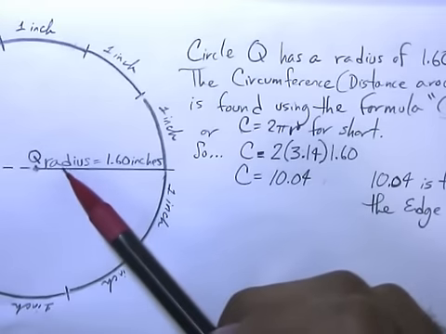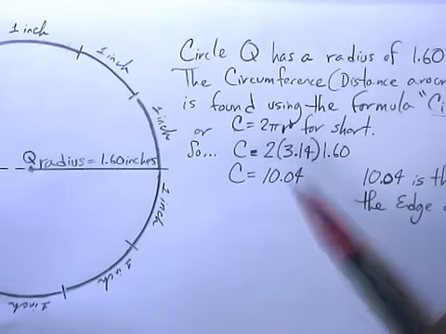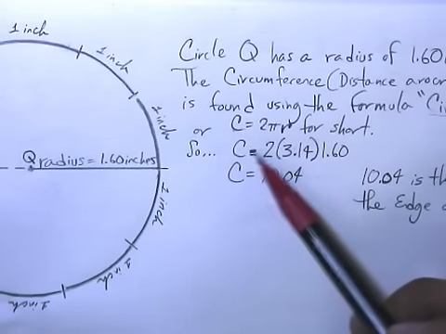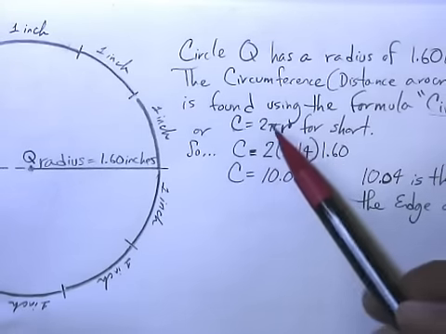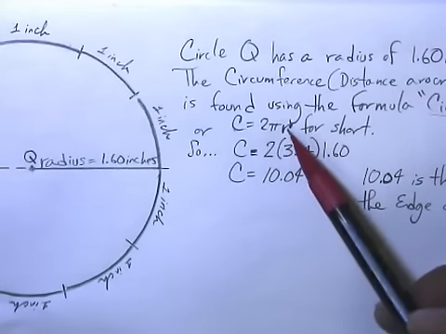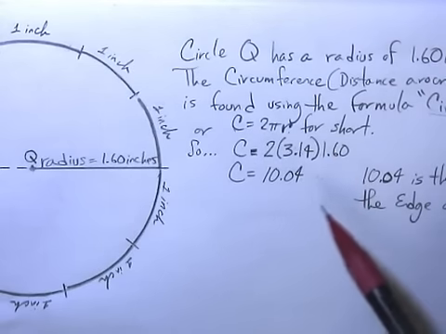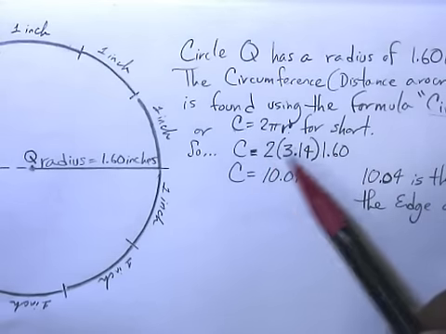So the circumference of this circle here, of a circle that has a radius of 1.60 inches, would be found using this formula here. The circumference is equal to 2 times pi, which is 3.14. Pi is always 3.14, times the radius. And the radius of this circle is 1.60 inches.